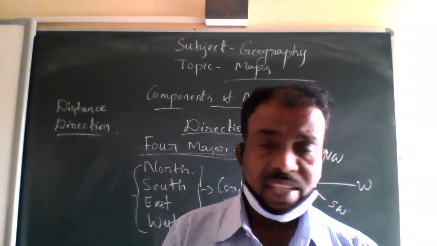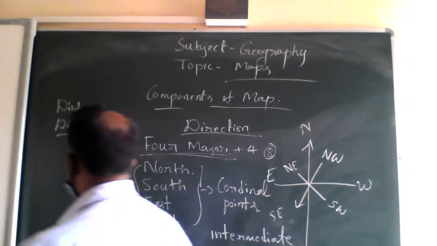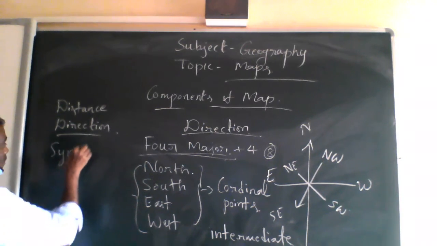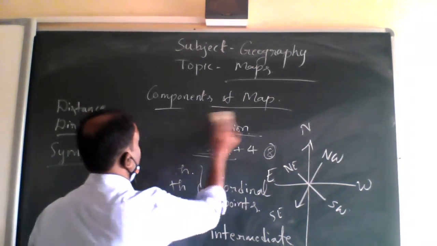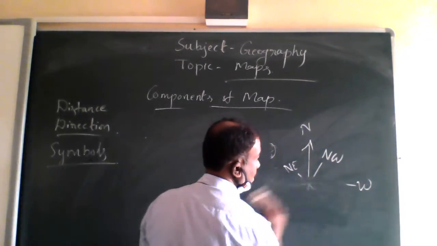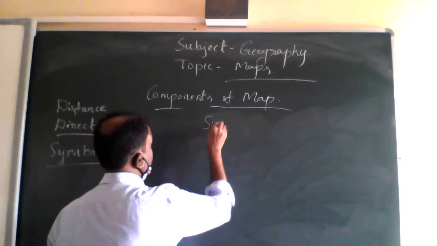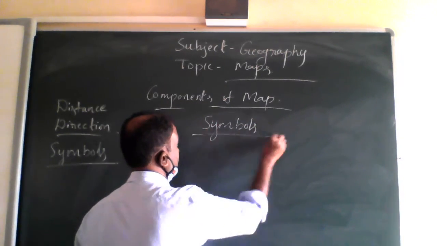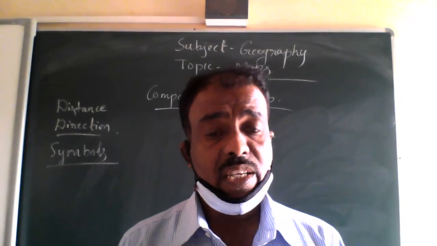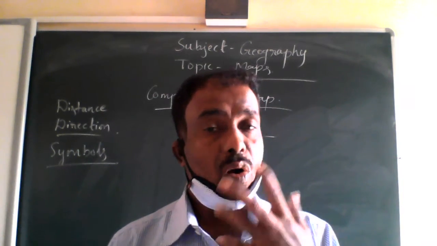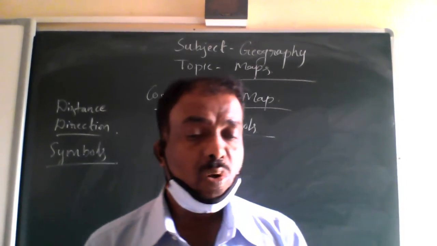Now the next important major component of maps is symbols. See, we use symbols on a map because it is another important component.